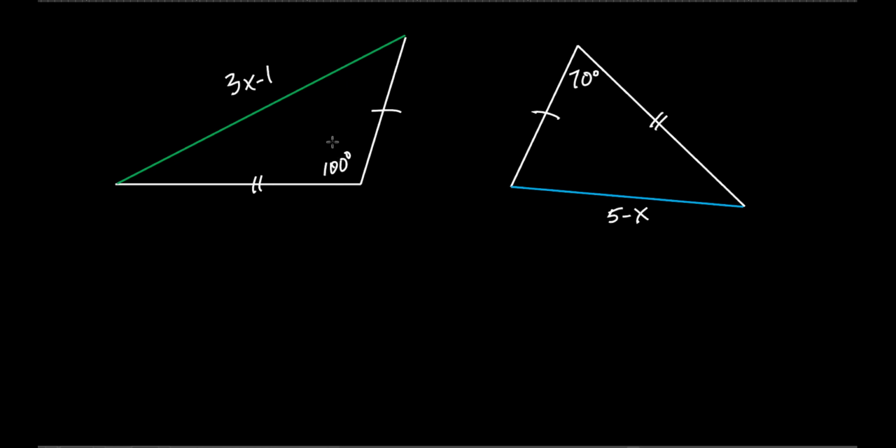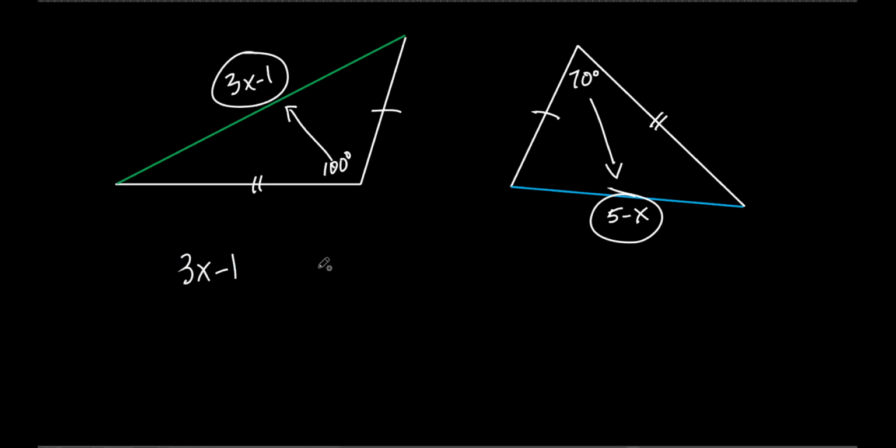So I'll let you think about it. I want you to compare this one to this one. Neil, what do you think? Let's compare 3x minus 1 to 5 minus x. Put a blank right there. Is it bigger?